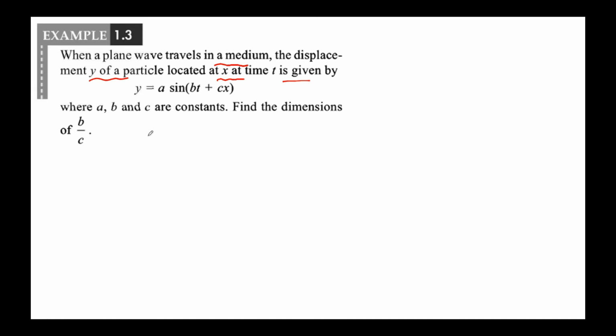Here y is the displacement, a is the amplitude of the wave, so y is equal to a sine of (b t plus c x). Now this is sine theta. If we talk about a simple sine wave, that is equal to amplitude a sine of theta. We know that theta is a dimensionless parameter.